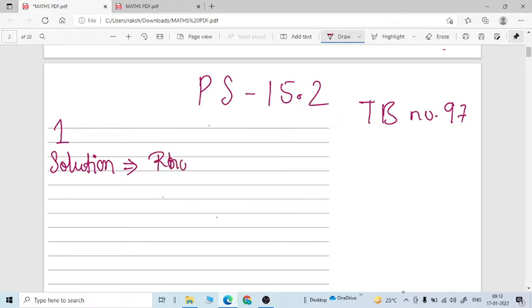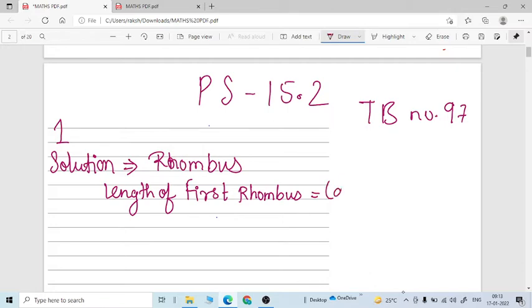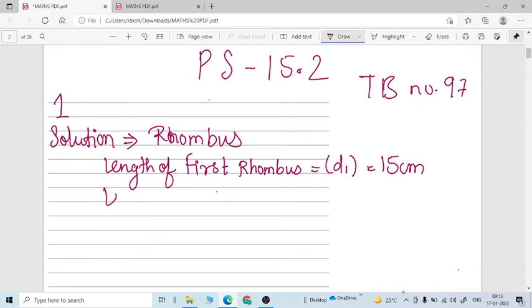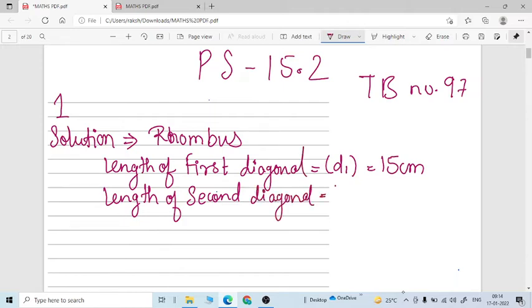Rhombus: length of the first diagonal, that is d1, is 15 centimeters, and the length of the second diagonal, d2, is 24 centimeters.